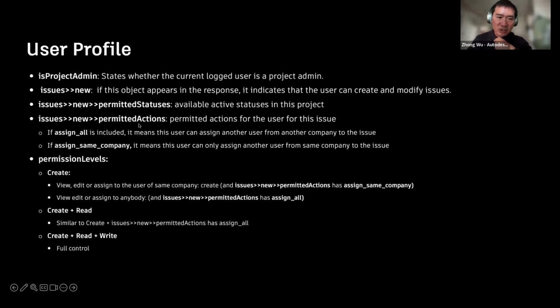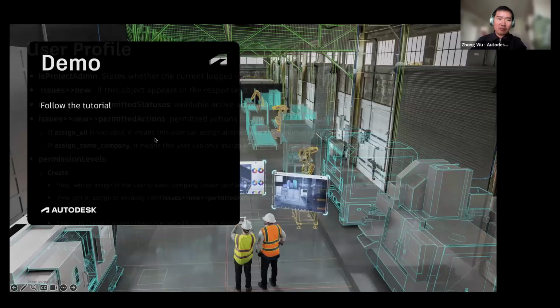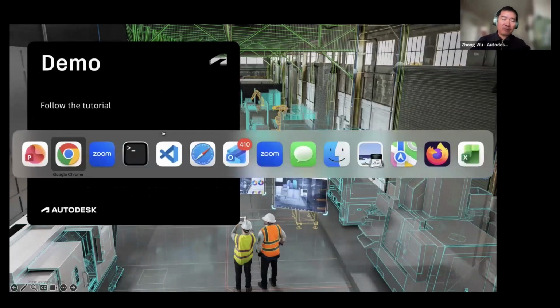The permitted action: if it is assign all, you can create an issue and assign it to anyone outside your company. If it's assign same company, you can only assign the issue to your same company.